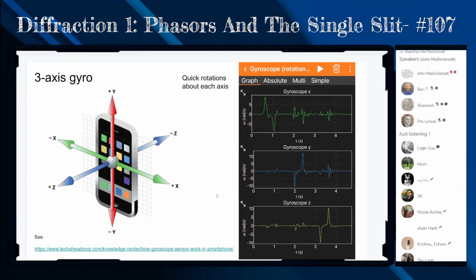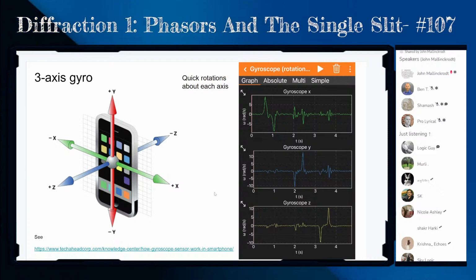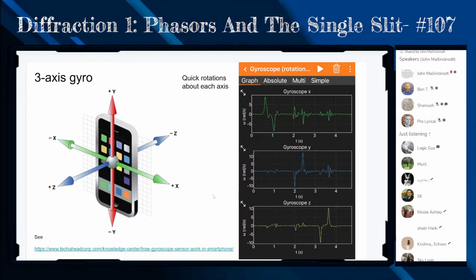When you talk about rotating about the X axis, you imagine the phone rotating on that axis so that the axis itself stays constant. The Y and Z axes will change their orientation when you rotate the phone about the X axis, which doesn't change its orientation.